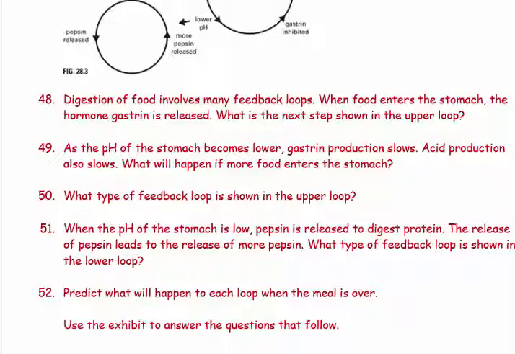So in this case, this is what will happen. The gastrin production will stop and the pH will be restored to its set point at the higher pH. And without any food to digest, the pepsin production will stop. So gastrin production will stop, pepsin production will stop, and the pH will be restored to its set point.